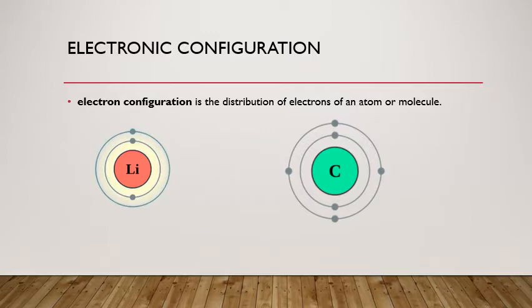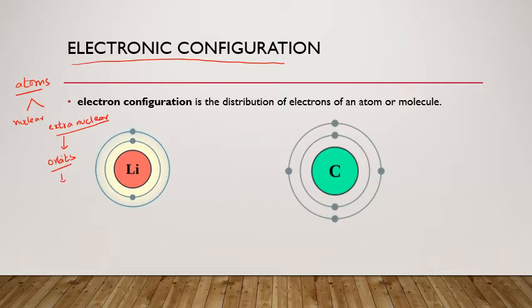What is electronic configuration? As previously understood, all atoms have two parts, a nuclear part and an extra nuclear part. The extra nuclear part contains some orbits, and these orbits are basically filled up with electrons.